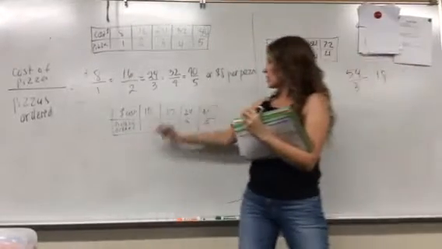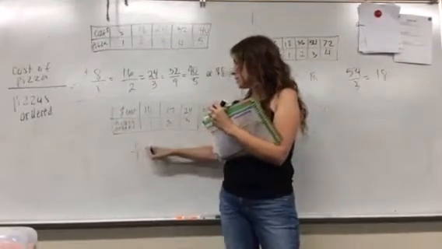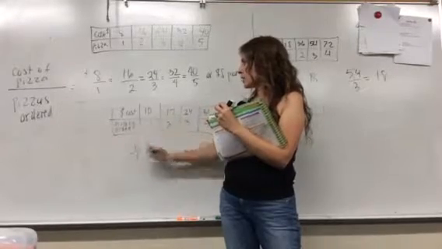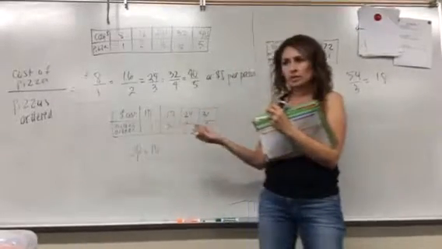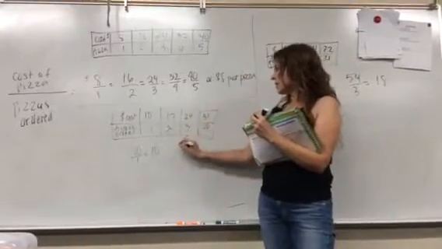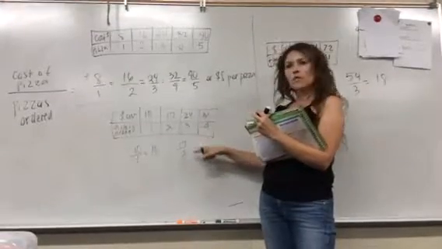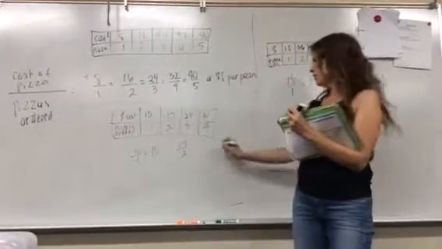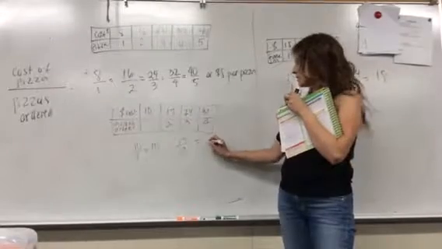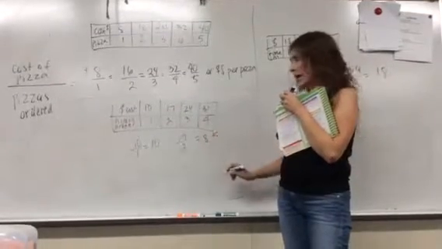So for the first one, $10 gives you 1 ticket, so it's $10 per ticket. For this one, it is $17 for 2 tickets, and when you divide, you get 8.5.